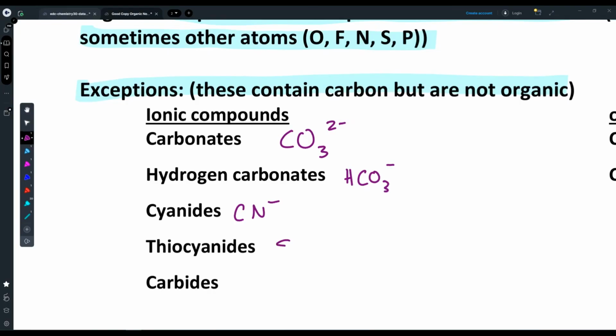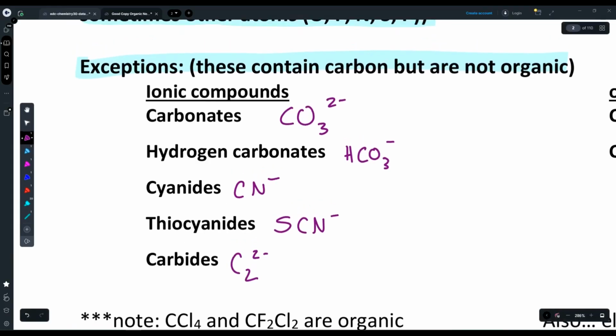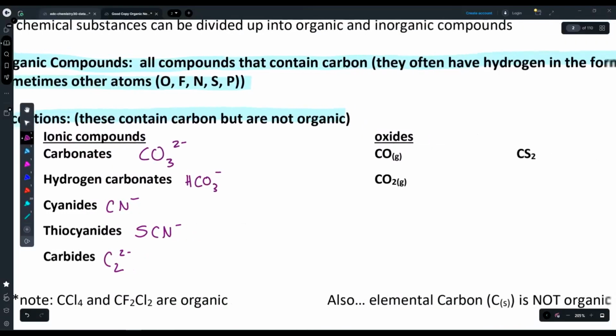Thiocyanides, that's where we have sulfur, carbon, and nitrogen with a 1- charge. And then carbides are C2 with a 2- charge. So if you see any compound with carbon, but they have either carbonates, hydrogen carbonates, cyanides, thiocyanides, or carbides, they're going to be considered ionic compounds.